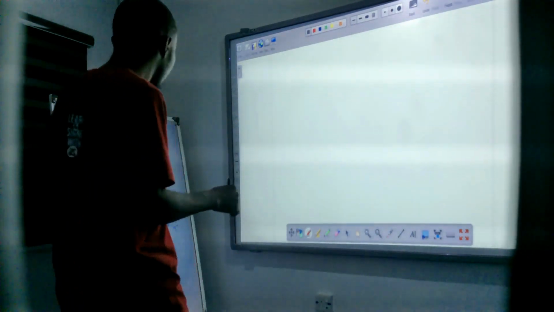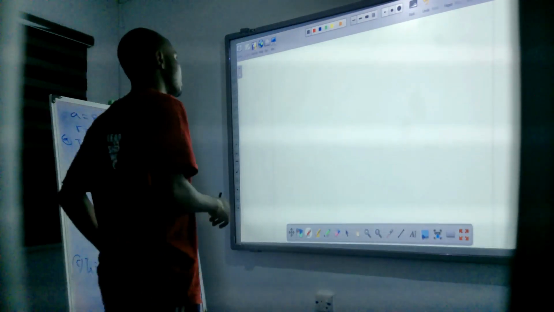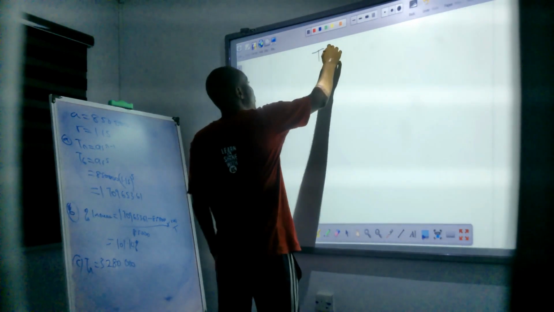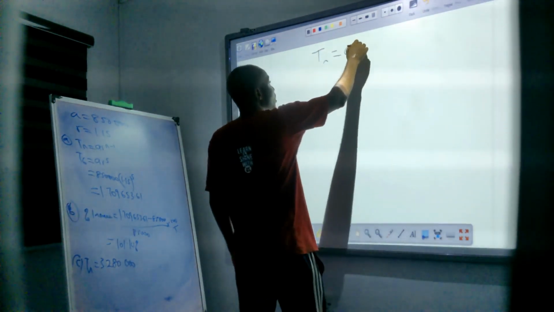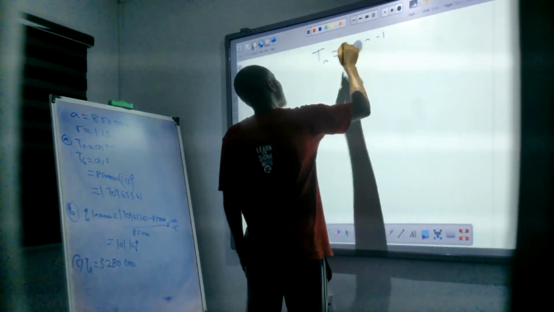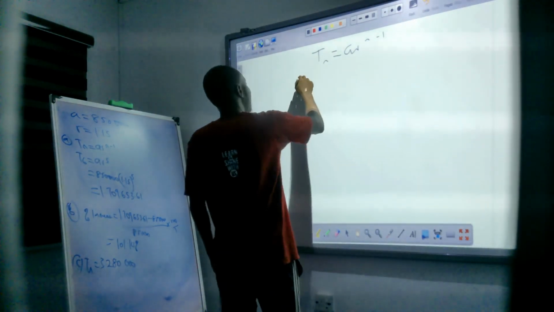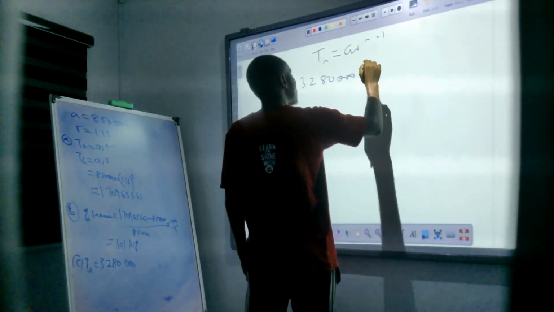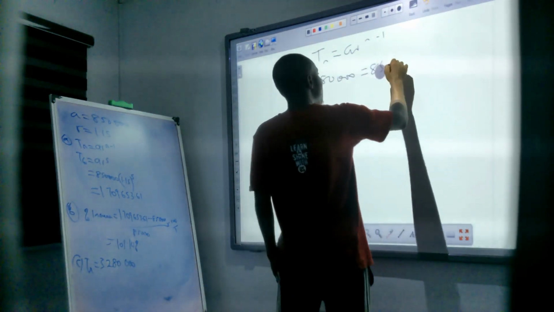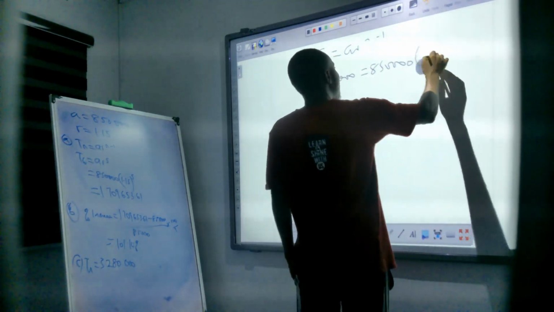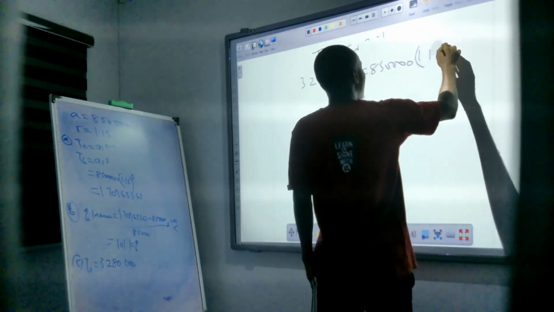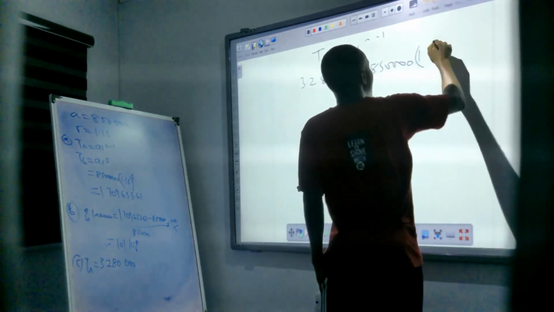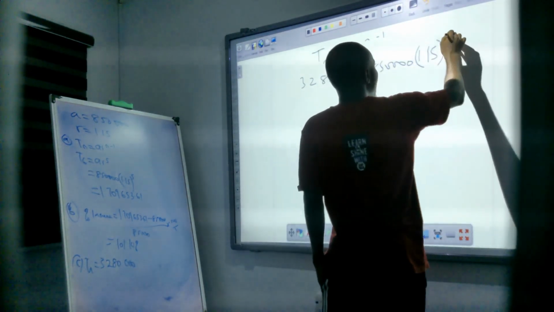Our a is 850,000, common ratio is 1.15. Tn is ar to the power n minus 1. So our Tn is 3,280,000 equals 850,000, which is a, times our r, 1.15.